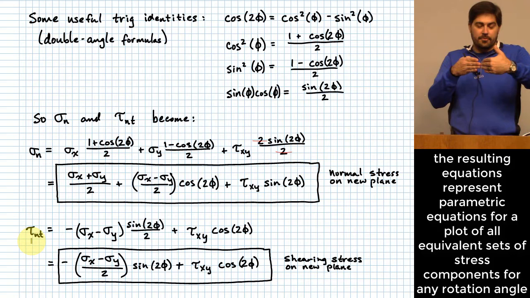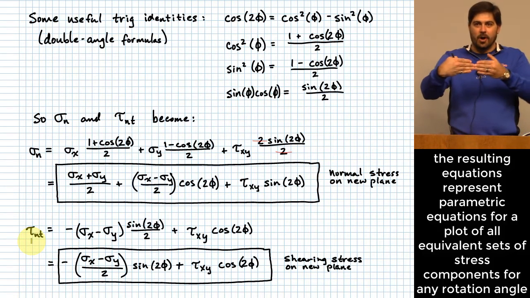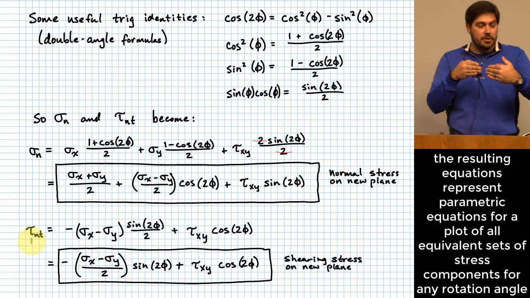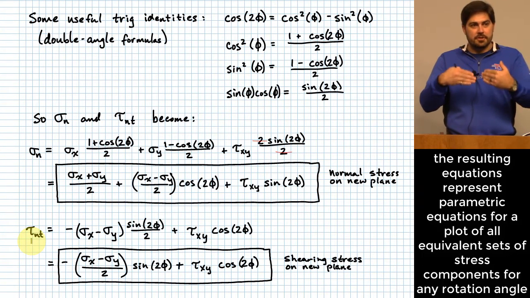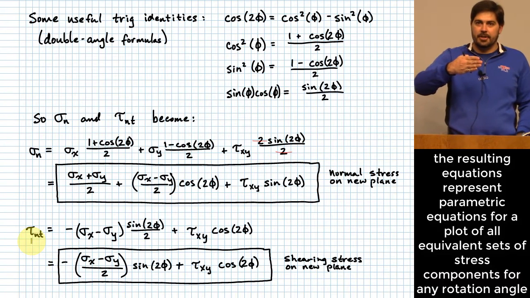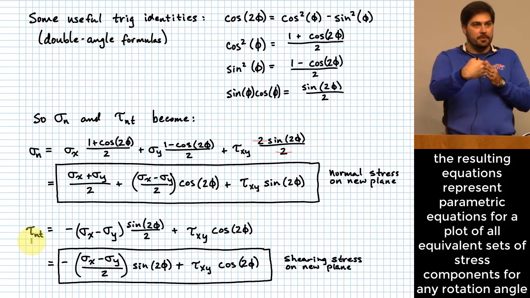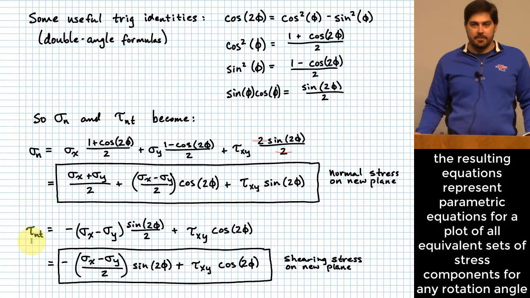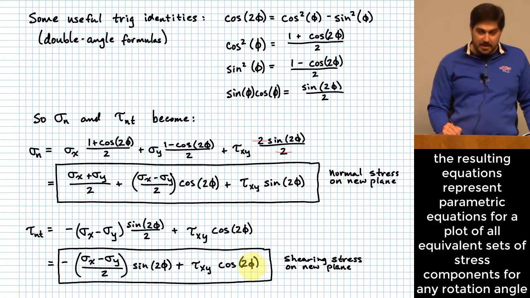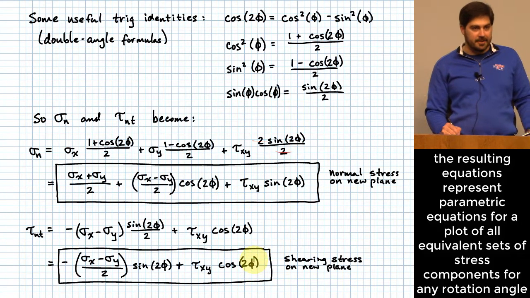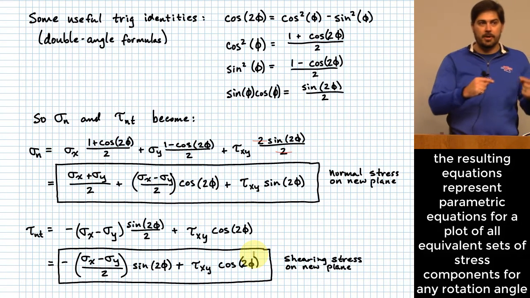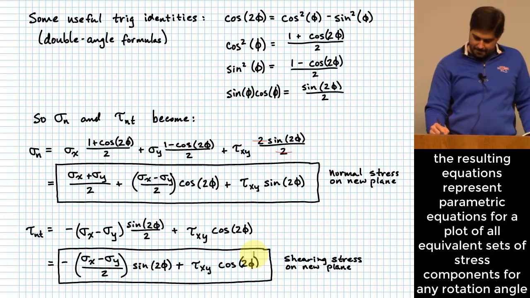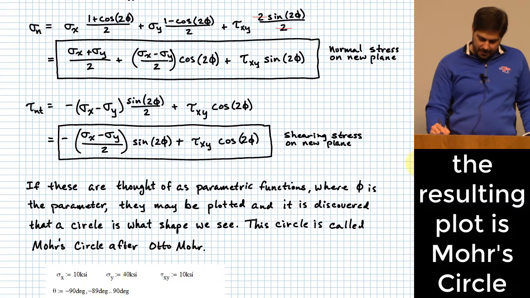So it allows us to find any rotation that we want for our coordinate system and be able to know what the normal and shearing stresses are on a plane that cuts through it for any angle that we cut through, and we can sort of plot all the possibilities, right? Where that angle that we choose is the parameter, and we're going to plot on a set of axes both the normal component and the shearing component on the same set of axes. Okay? Well, here's what that would look like.